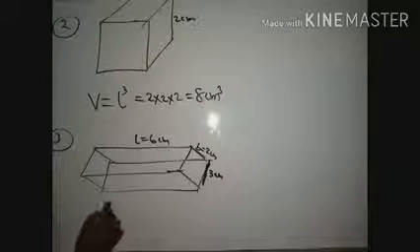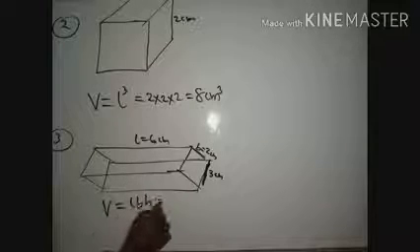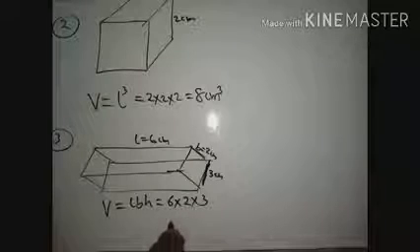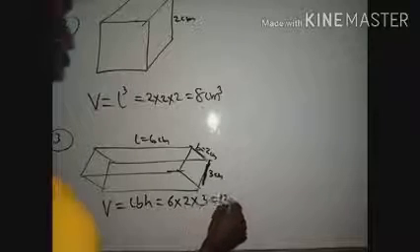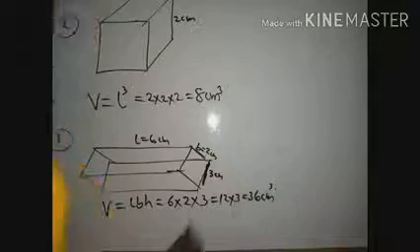Volume will be equal to length times breadth times height. So the length is 6 times breadth is 2 times this 3. And that is just 12 times 3, and that is 36 centimeter cube. It's as simple as that.